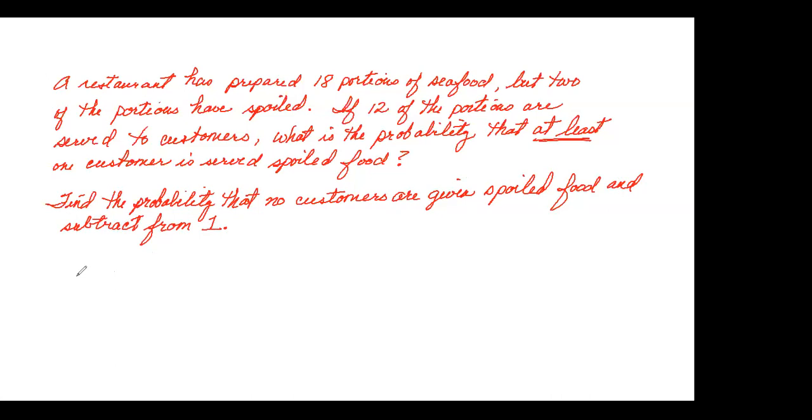Okay, so this is a problem where our total possible on the denominator, the total possibilities, we have 18 portions and we're going to choose 12 of them to give to customers. So we've got 18 choose 12. On the top, instead of having to figure it out for 1 and then figure it out for 2, we're just going to figure it out for none.